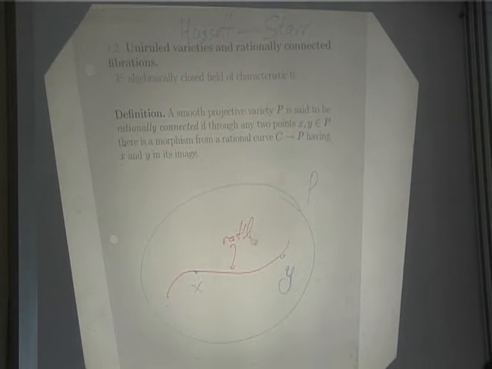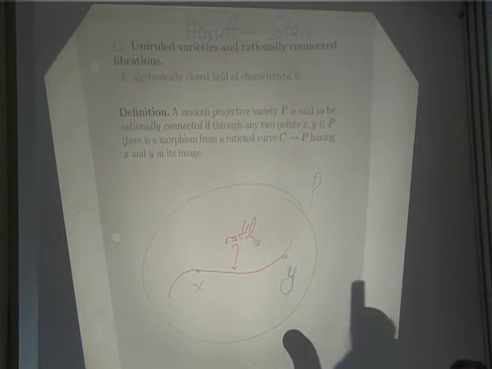Also, Jason must have told you that this is a really nice property. It's stable under birational equivalence. It's stable under degenerations and deformations. If you have a smooth family of varieties, and one fiber is rationally connected, then the other is rationally connected.